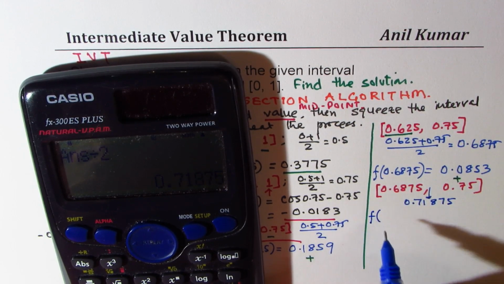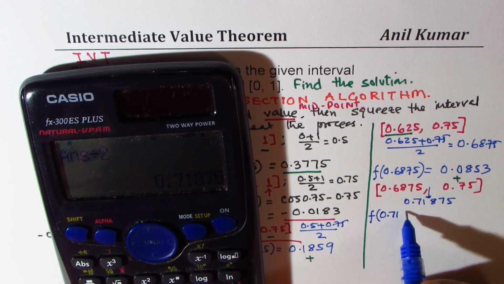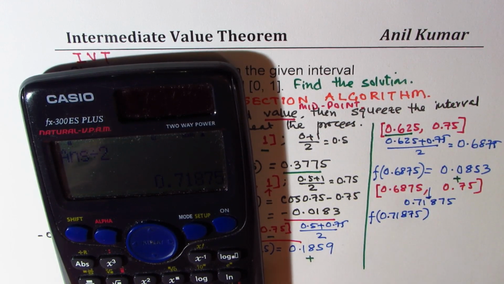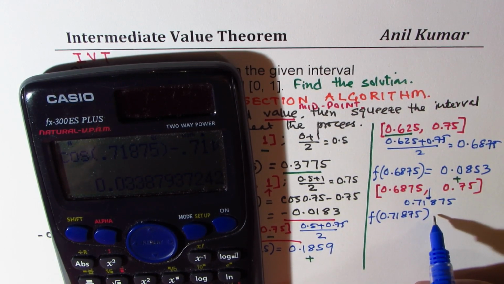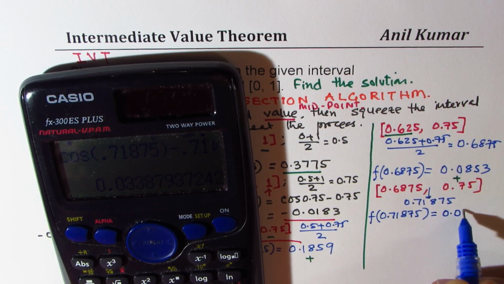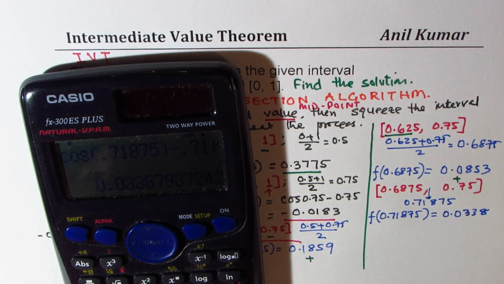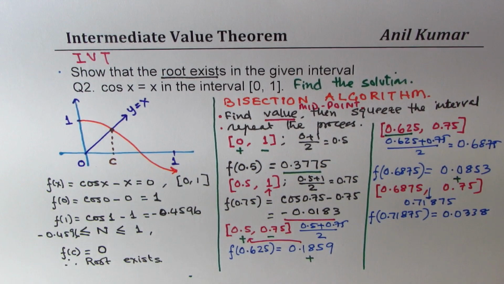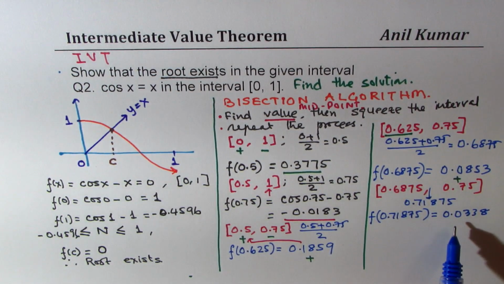So now, finally, let's calculate this value also for the function, which is cos of 0.71875 minus 0.71875. It gives us a value which is equal to 0.0338. So we are very, very close to 0. You get an idea, right?